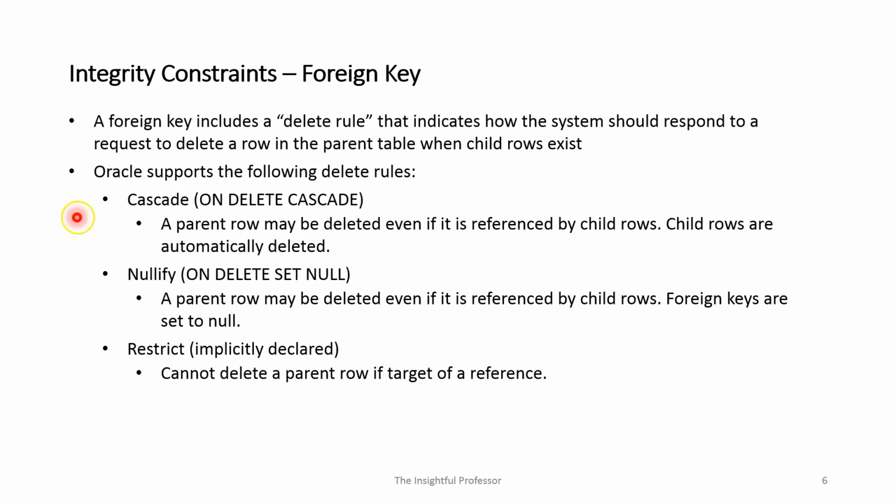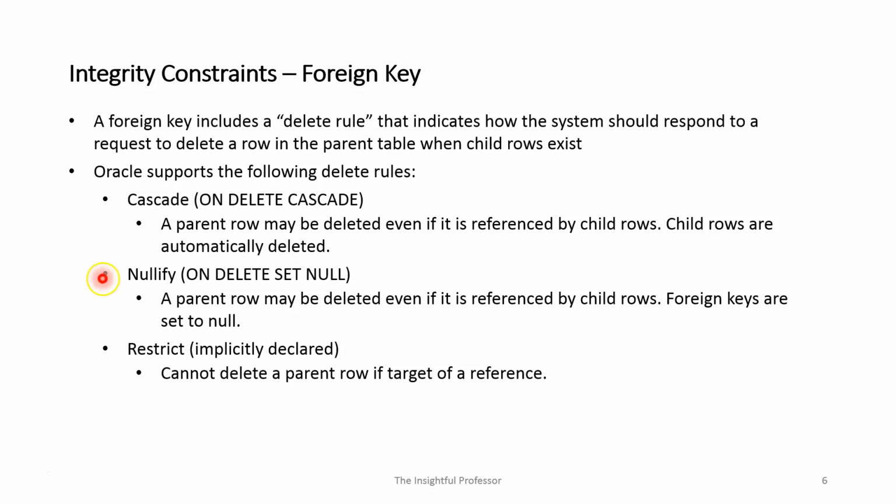So if you attempt to delete a department which currently has employees, and the rule for the referential integrity constraint, or for the foreign key, said on delete cascade, this would allow the deletion of the parent row. The department can go away, but also the kids, the children go away. Those employees would no longer exist within the employee table. So the cascading delete is not too good, I guess, if you're the employee assigned to a department that's being removed, if the company's doing downsizing.